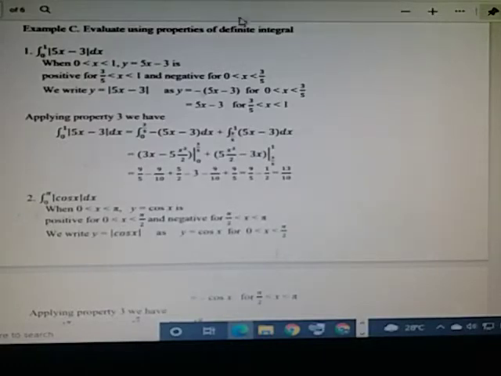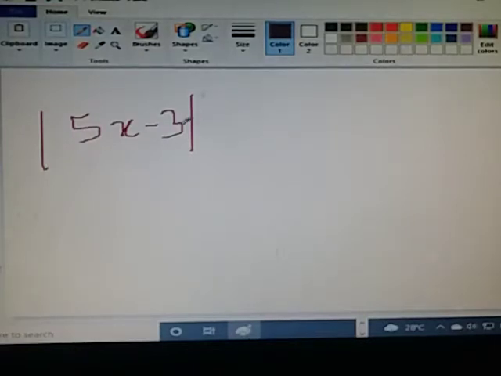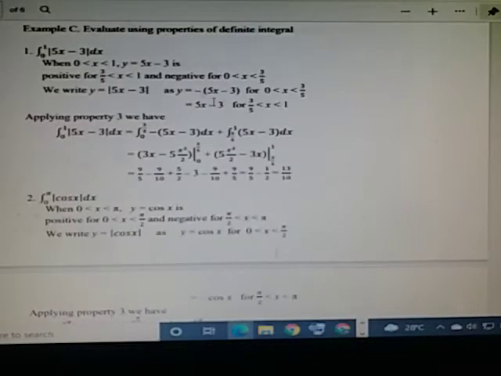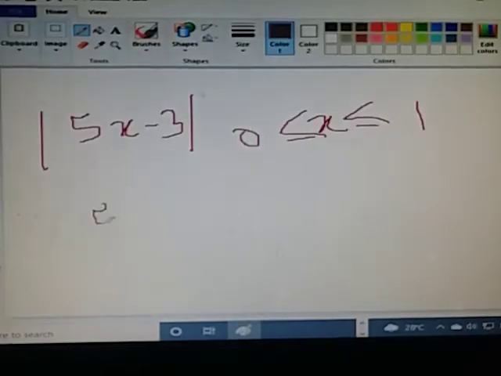Now 5x minus 3 is greater than 0 if x is greater than 3 by 5.